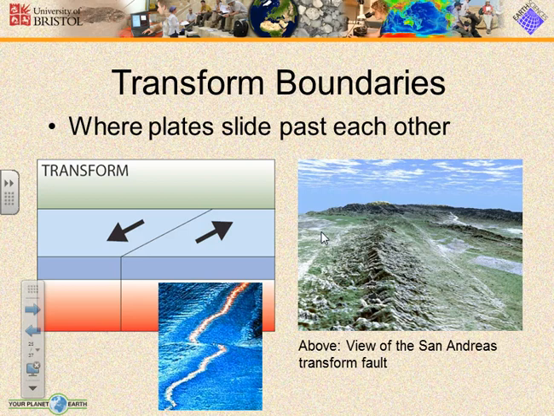Okay, let's talk about transform boundaries. So we're now looking at the third type of plate boundary. We looked at convergent boundaries. We looked at divergent boundaries. Now we're going to look at transform boundaries. One of the most famous transform boundaries in the world is the San Andreas Fault in California.